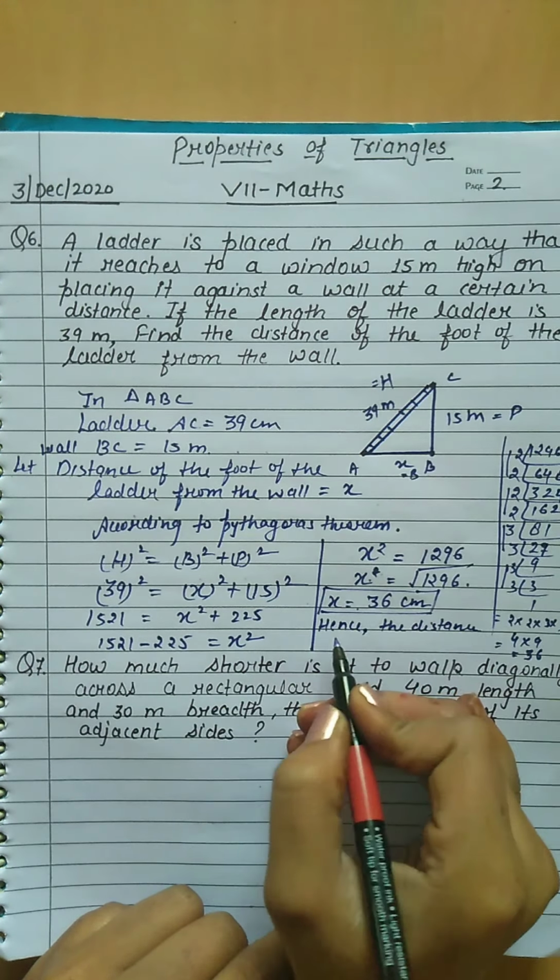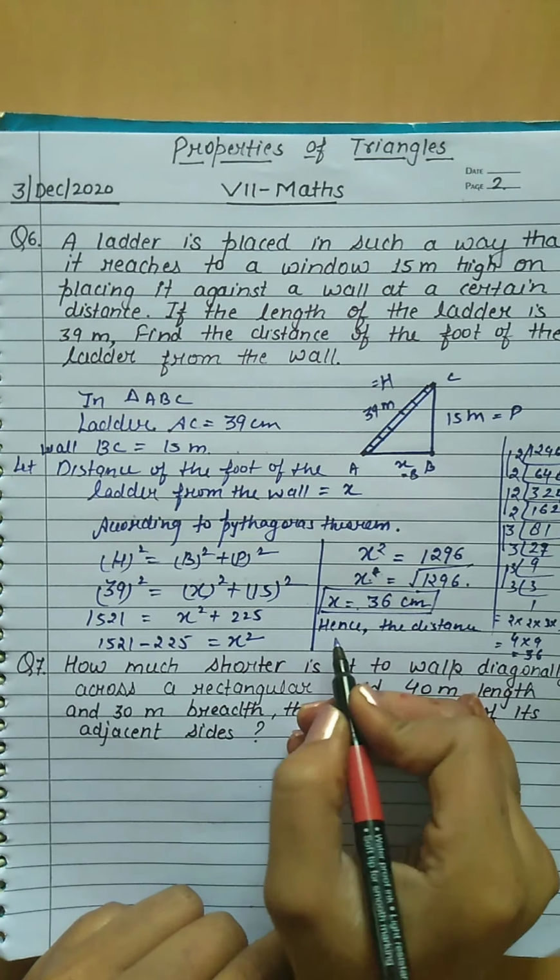Okay, so students, now question number 7. How much shorter is to walk diagonally across a rectangular field 40 meter length and 30 meter breadth than along two of its adjacent sides? Okay student, that means आपके पास एक rectangular field है like this. Here length is 40 meter and breadth is 30 meter.